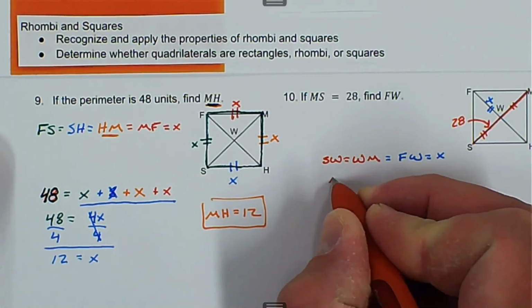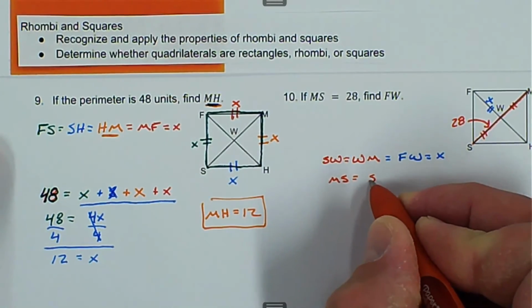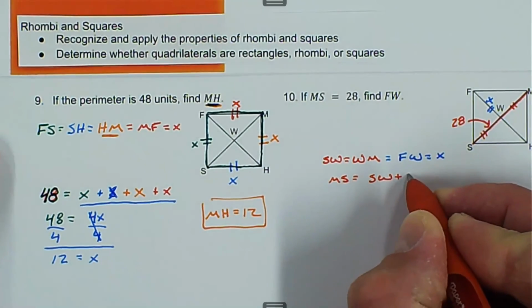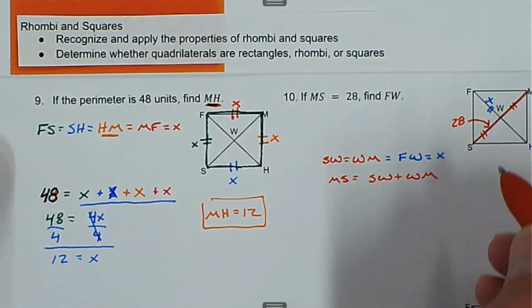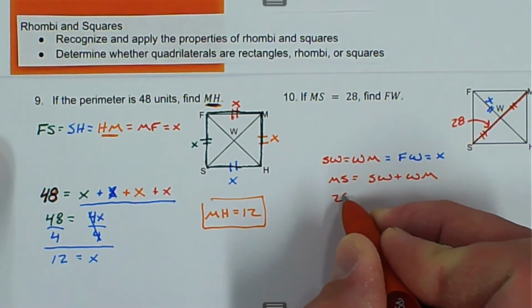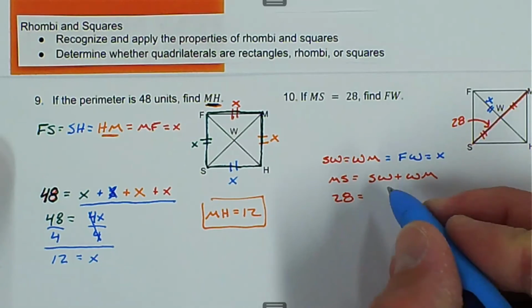And we know that MS is equal to SW plus WM. So we can substitute in the values that we know. We know MS is 28, and we know the other two are equal to X because all of them are the same length.